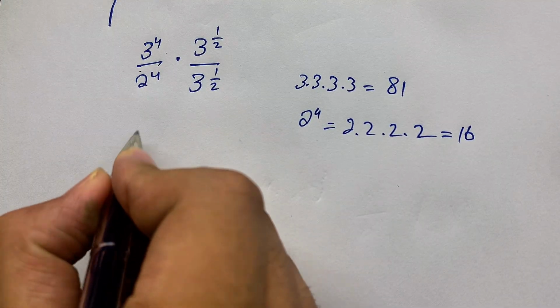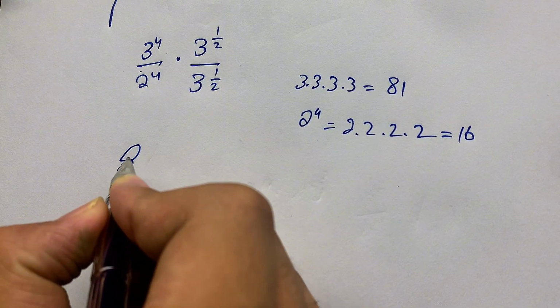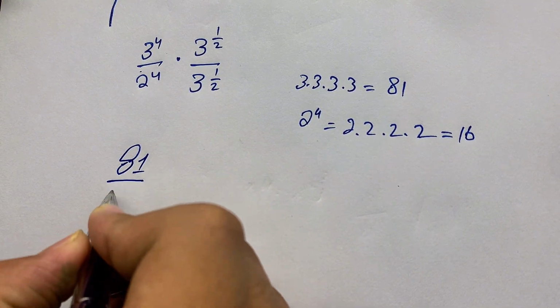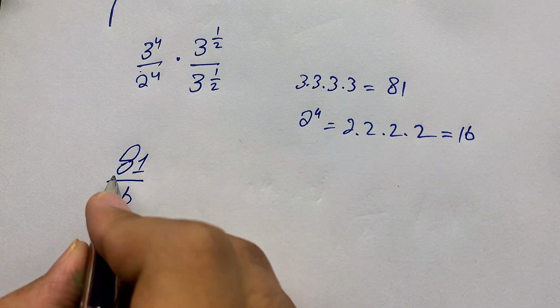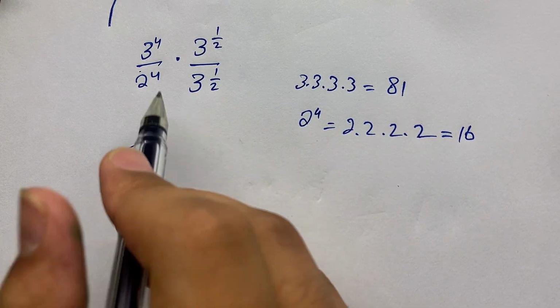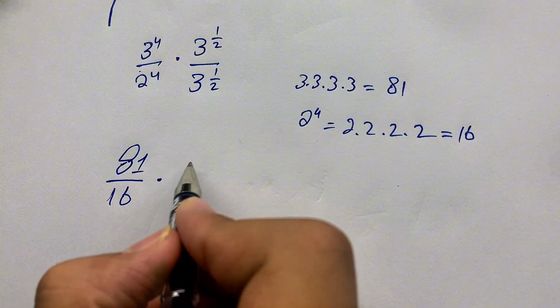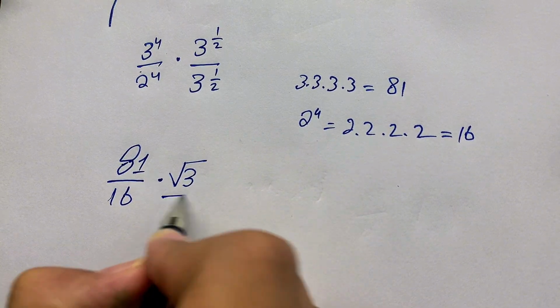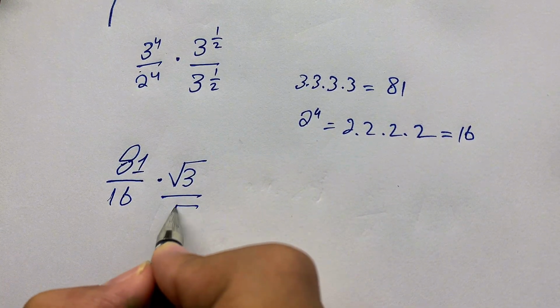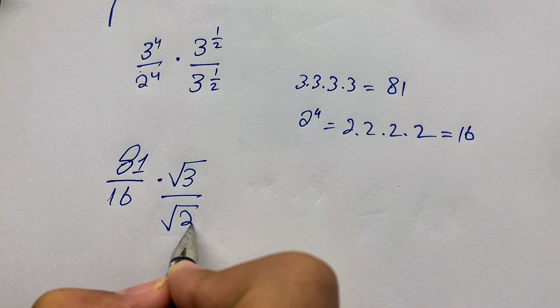Now this will be 81 divided by 16 times 3^(1/2), which is also equal to the under root of 3, divided by 2^(1/2), sorry, 2 to the power 1/2, this will be under root 2. Now 81 divided by 16 times under root of 3 divided by under root of 2.